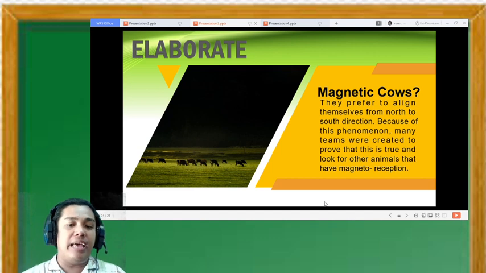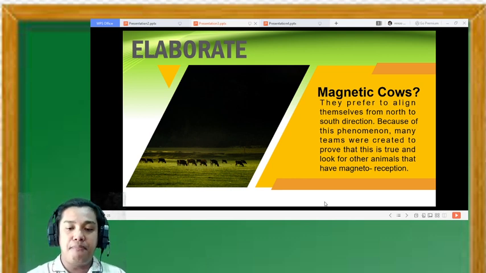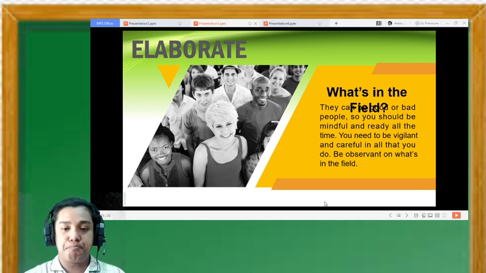They prefer to align themselves from north to south because of this phenomenon. Many teams were created to prove that this is true and look for other animals that have magnetoreception.